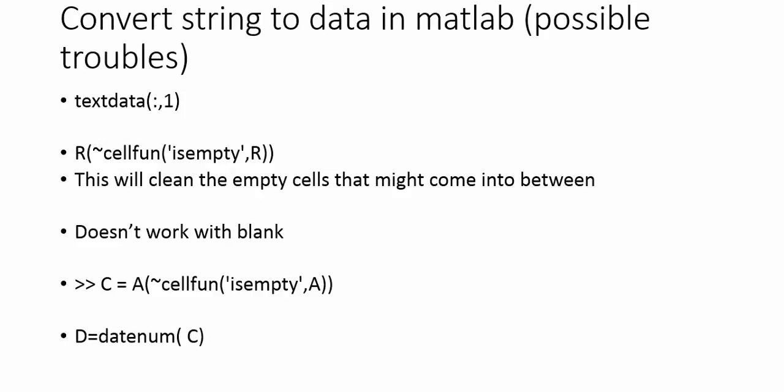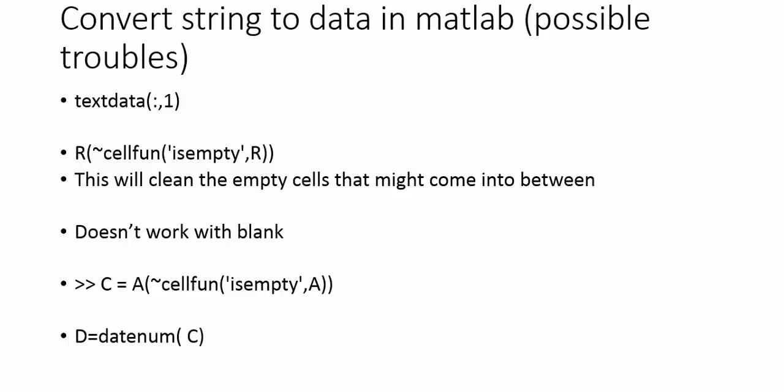Some of the problems that come up are that there might be empty cells in Excel when you import them in MATLAB. Those empty cells might give you trouble because they are like an empty cell matrix in a way. You should get out of that trouble by using the cell function.